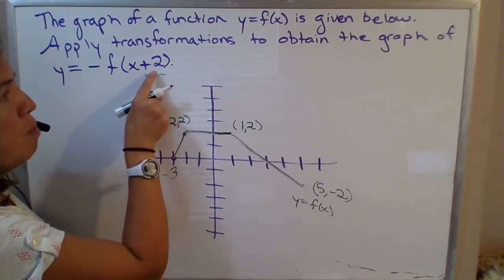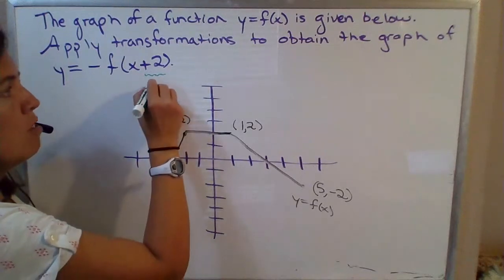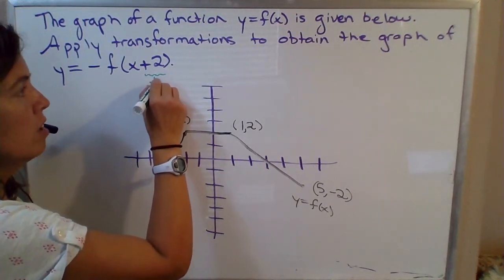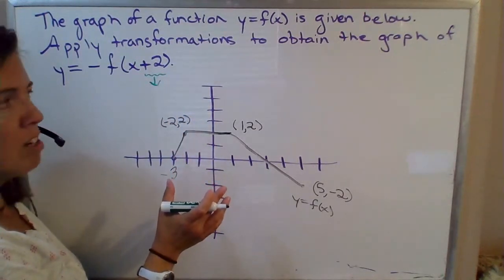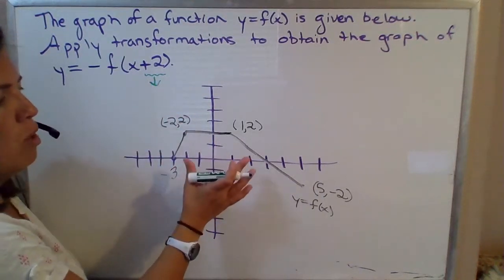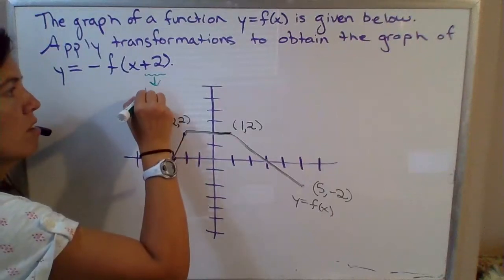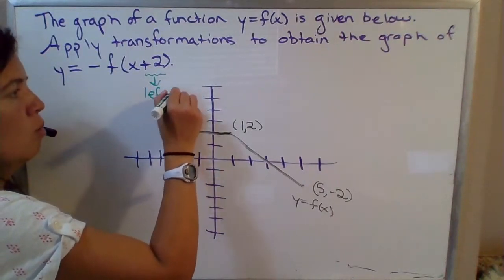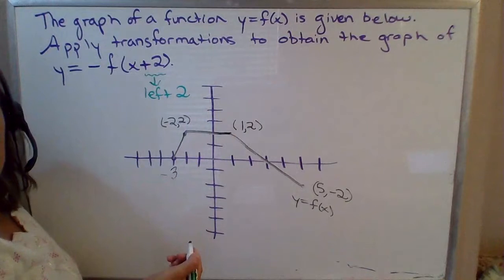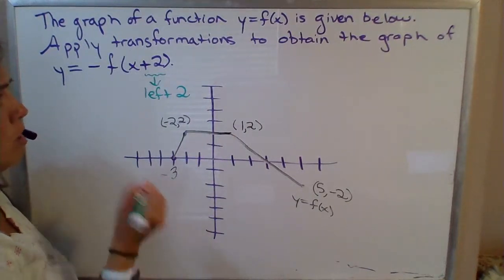If it's x plus a number, that corresponds to a horizontal shift. The horizontal shifts do kind of the opposite of what you expect if you just look at the value. Plus 2 will actually shift the graph left 2 units. So one transformation we need to apply is to shift the points left 2 units.